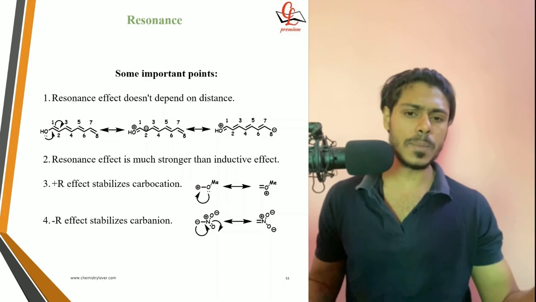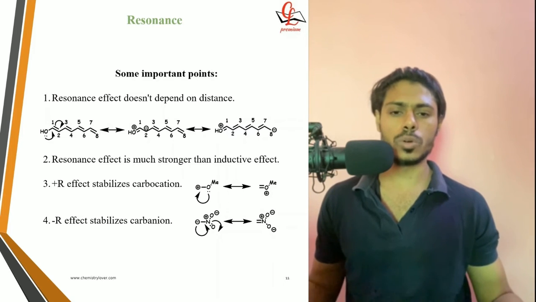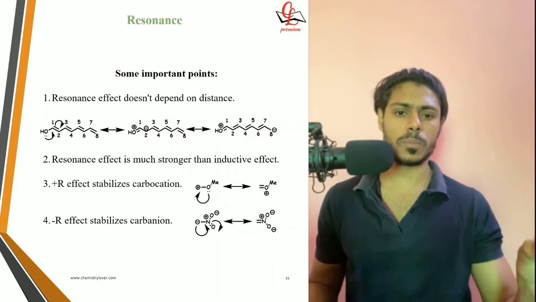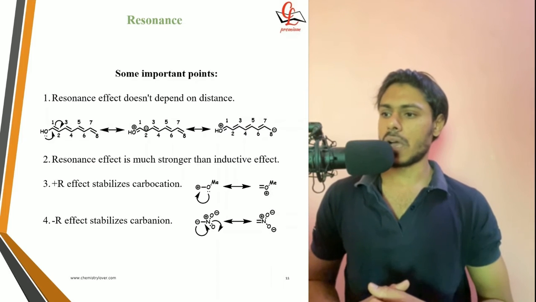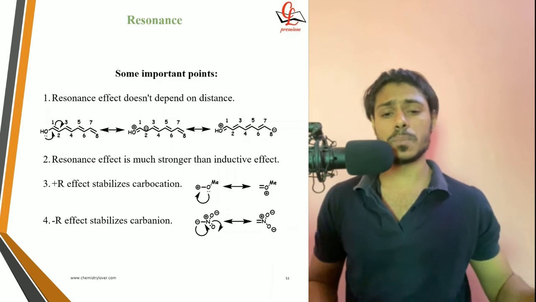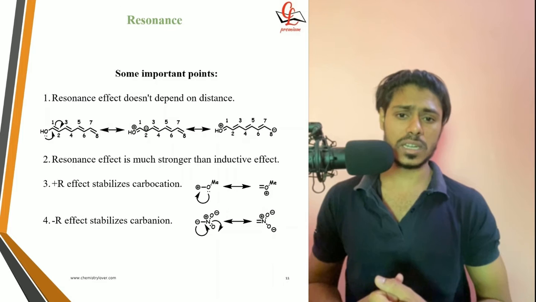So at any point the amount of plus R effect or minus R effect is the same. The second one is that resonance effect is much stronger than inductive effect. Inductive effect is relatively weaker in comparison to resonance effect.